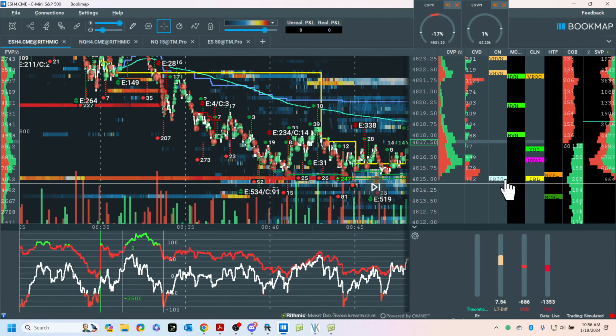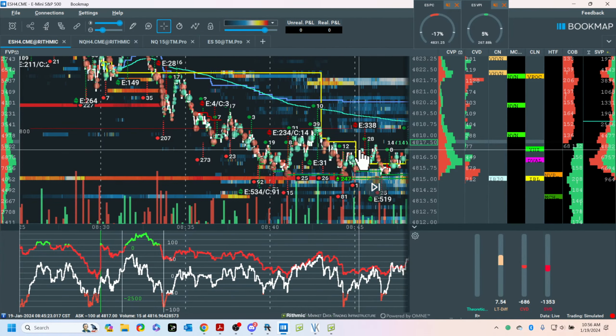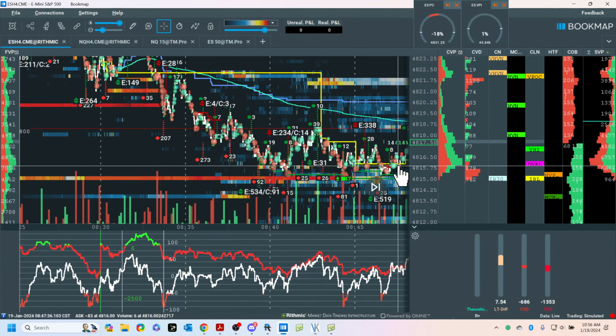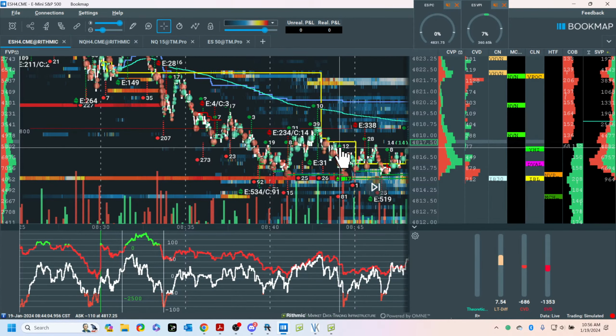So right in here, I'm out of my short, and here's what my thinking is. If this is now too high, if we come back and check it and we can't get back above it, then I'm going to be on the short side. Just saying. And if we hold this area, and now this becomes too low, same concept, but in a developing time frame, this yellow line is the same as that.